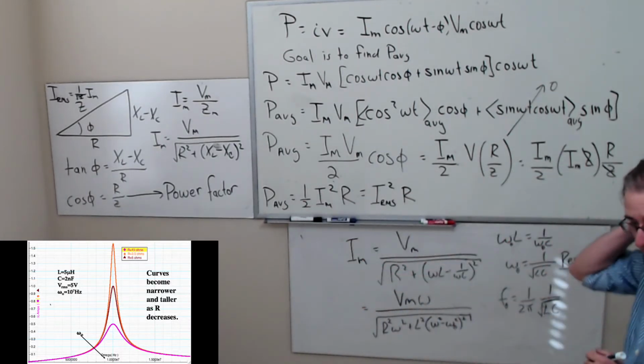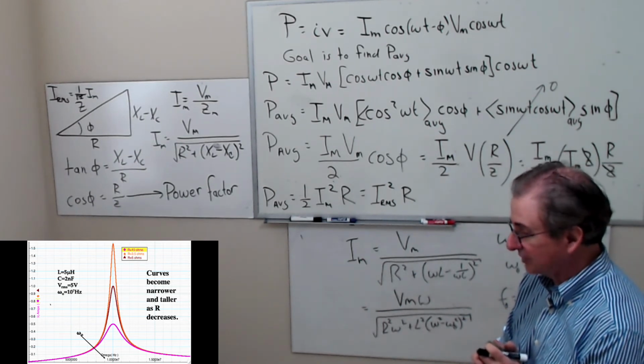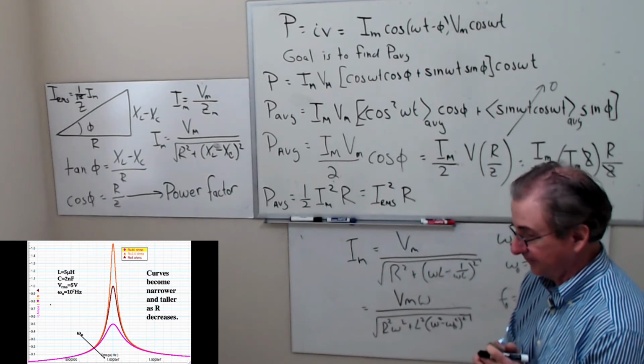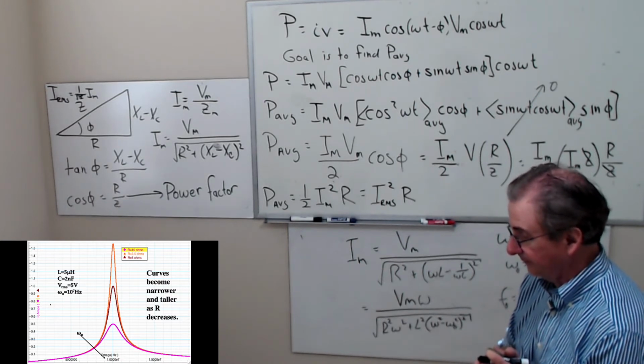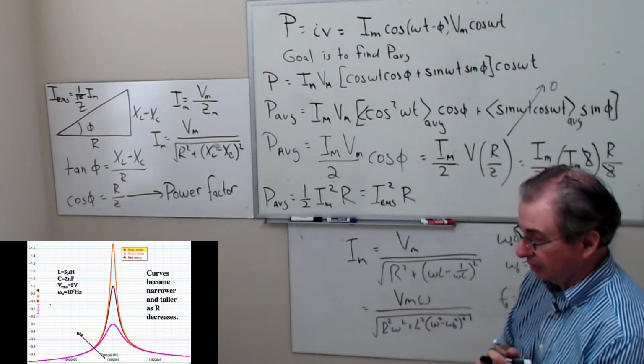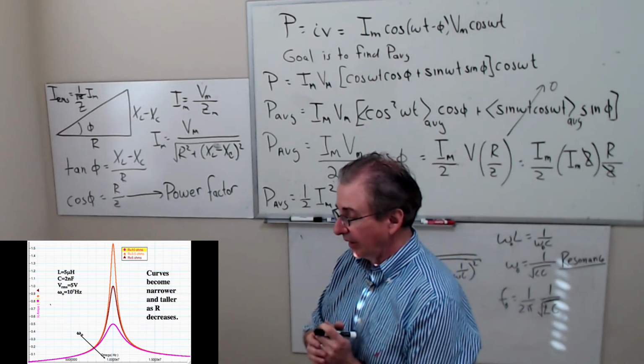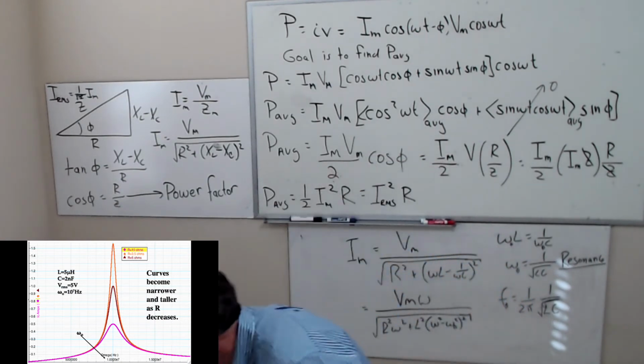This is a plot of current as a function of omega. And I've plotted it for a given value of L, maybe let me blow up the picture.